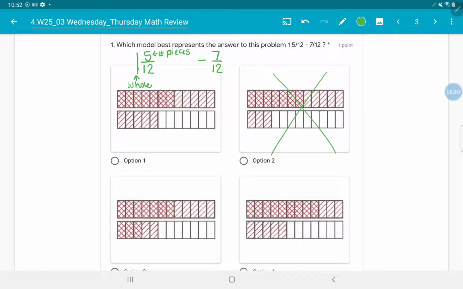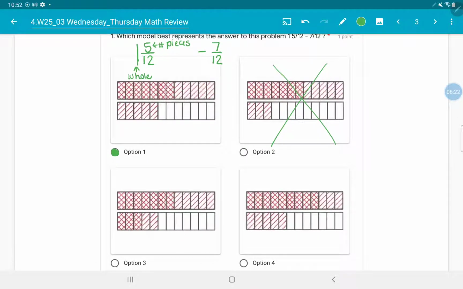So out of the 3 options we have left, which one shows 7/12 being taken away, Keith? Option 1, exactly. It started with 1 and 5/12 shaded, and then they crossed out 7 pieces.